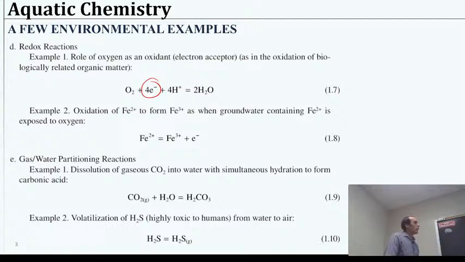Okay, another example would be oxidizing Fe2+ to Fe3+. The oxidation reaction means we're in some sense taking an electron away from Fe2+, right? And if you're lacking the electrons, then that means you have a more positive charge. What you'll notice, and we'll cover this more later, is the charge is balanced here.